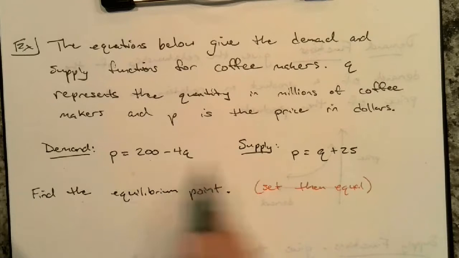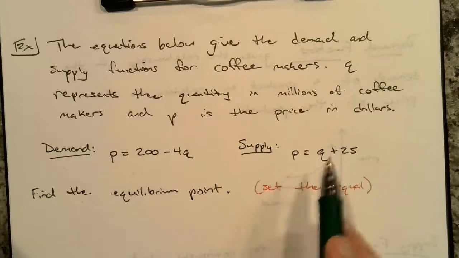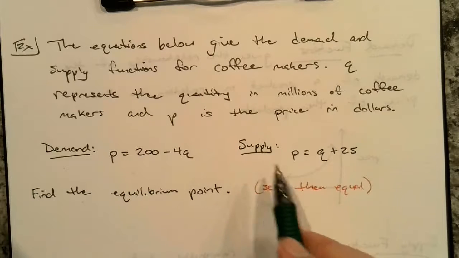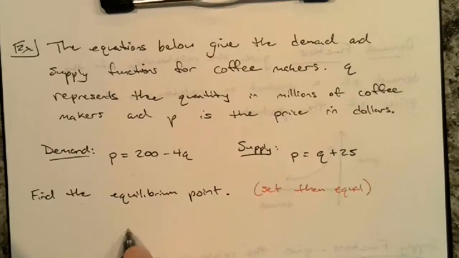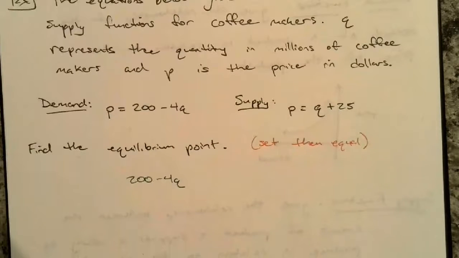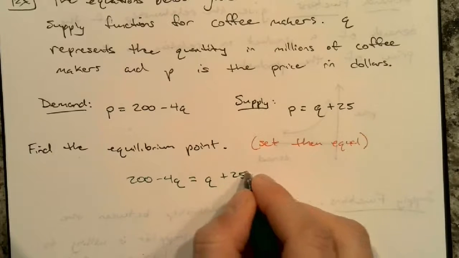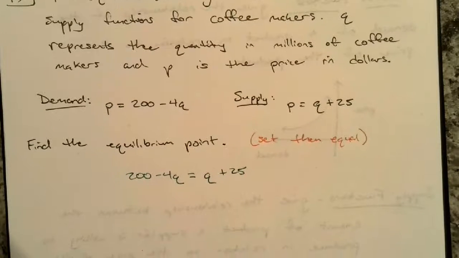So we want to know when the price is equal to the price. So we're going to set 200 minus 4Q equal to Q plus 25. And then we want to solve this.